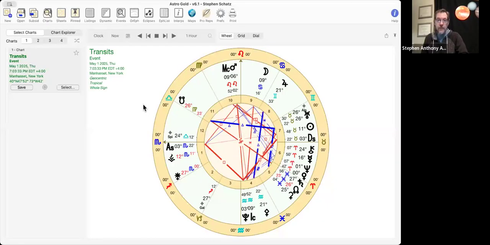And I'll show you some examples. Actually, why not? I'll pull up today's chart. We have Venus, which trines Mars. Venus is at 0 degrees of Aries, and this is within orb. I'm going to share.